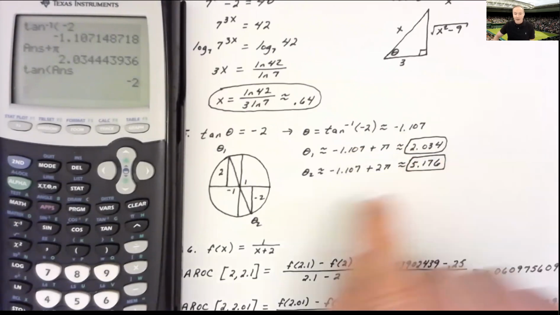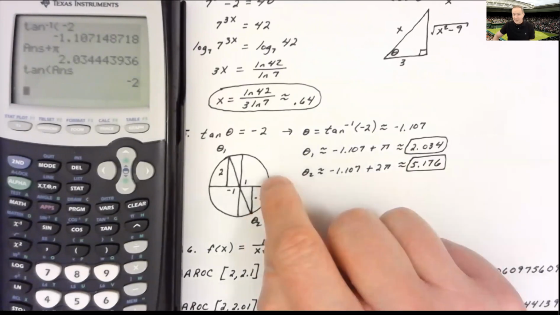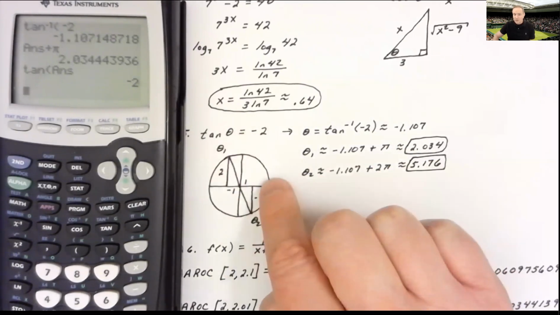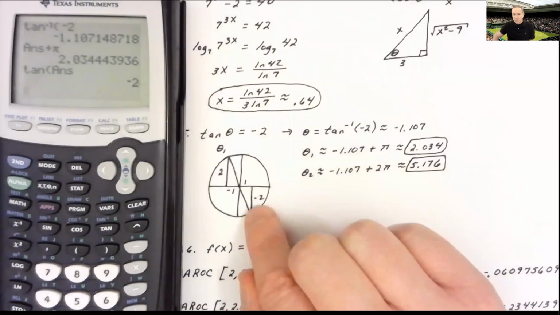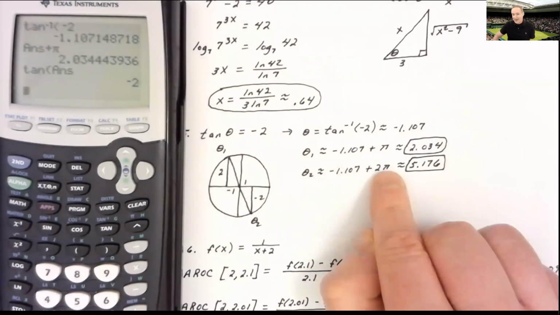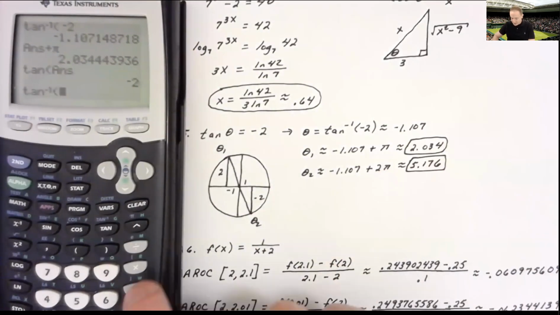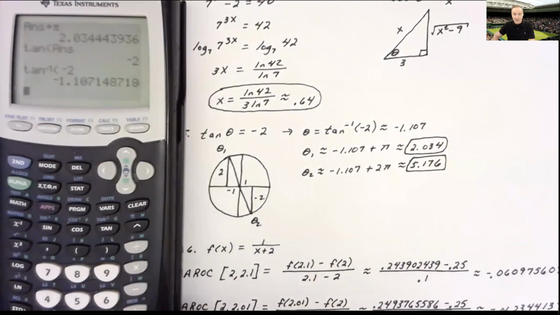Now, my other value, it's the same angle as this -1.107, but I said only angles between 0 and 2 pi. So you say, well, coterminal to that -1.107 is if I just add 2 pi radians. So I'll go back and get that answer. Inverse tangent of -2 gave me that.